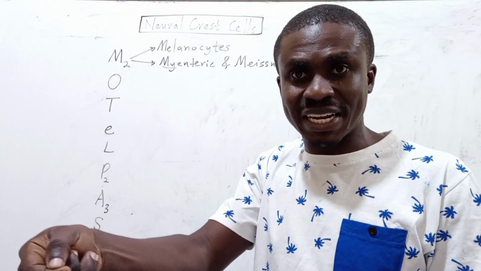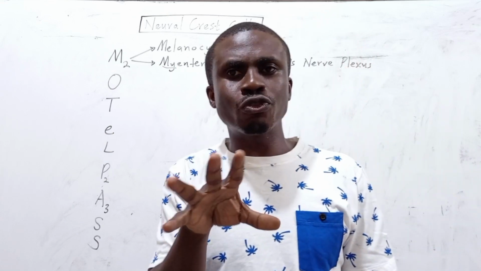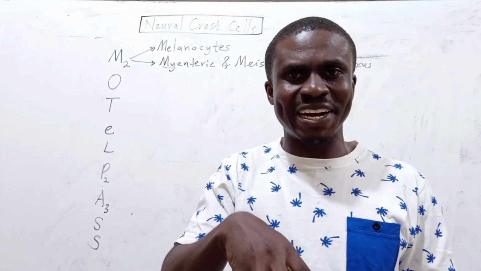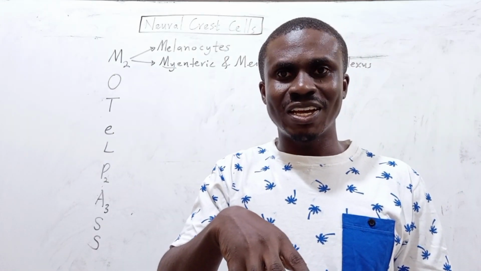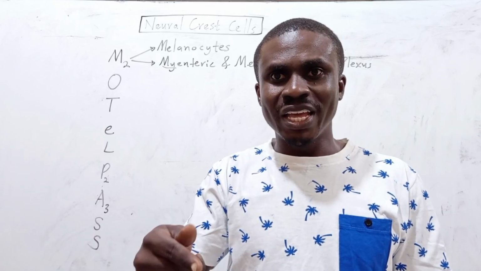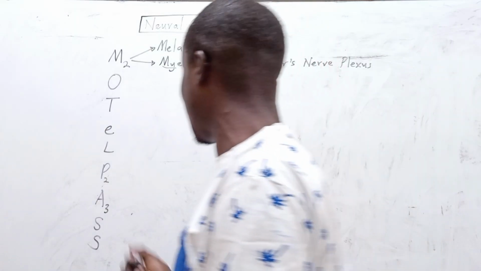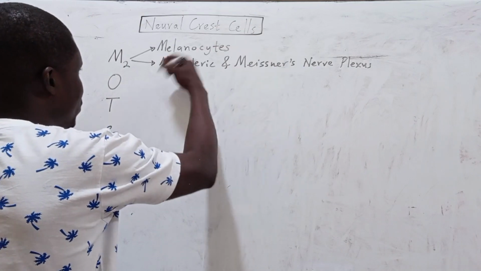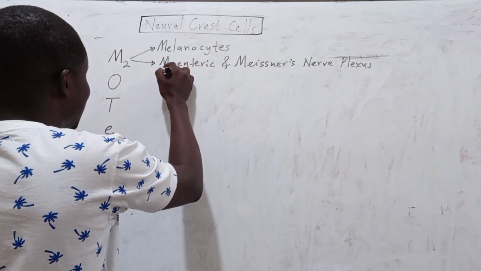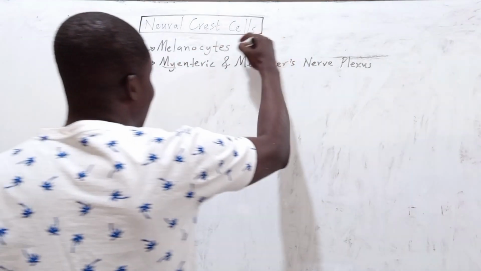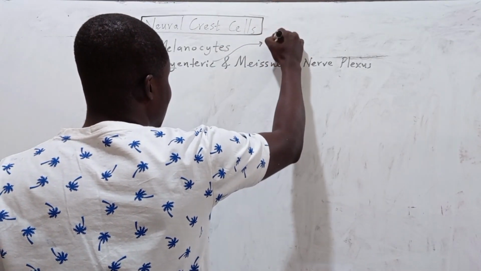One of them is what we call the myenteric nerve plexus. My friends, you will also be aware that this myenteric nerve plexus has an eponym, and that is the Auerbach nerve plexus. So if you don't see myenteric, you may see Auerbach nerve plexus, and this is the spelling of the Auerbach that I'm talking about.